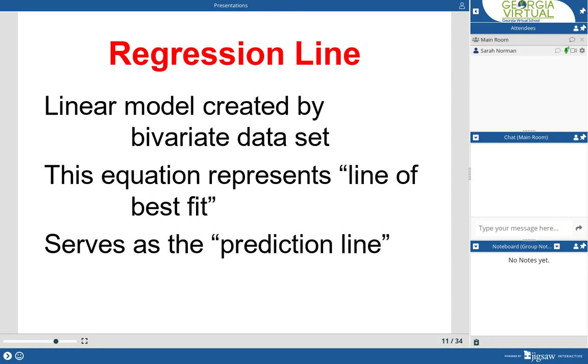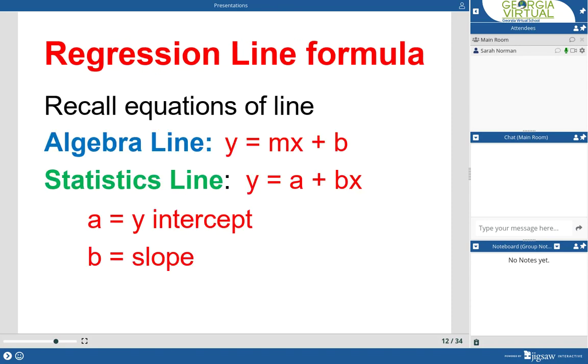So the prediction line can be used when you don't actually have an X value and a Y value for a certain quantity that you want to predict. We'll talk about how to calculate that regression line a little later on in the session.